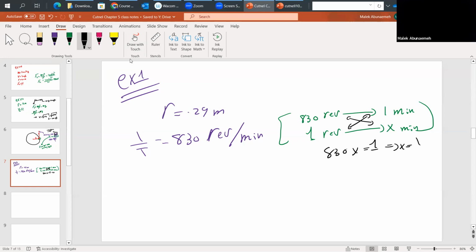That means x equals 1/830, which is going to equal 1.2 times 10⁻³ minutes. So from this one, your period is going to equal 1.2 times 10⁻³ minutes.